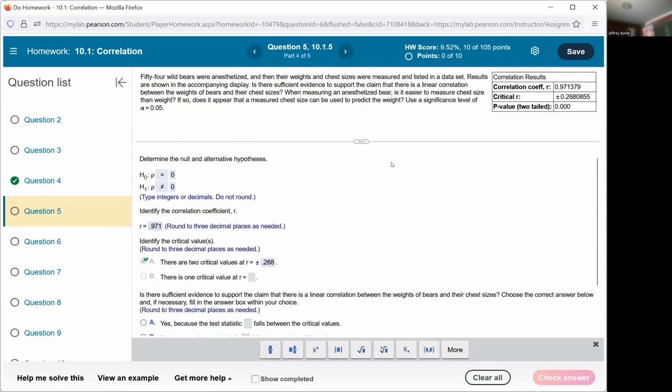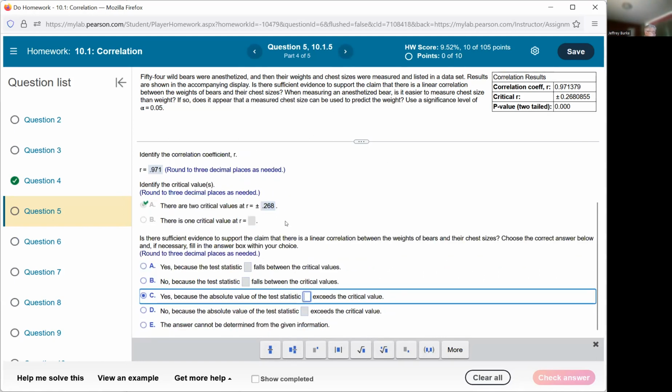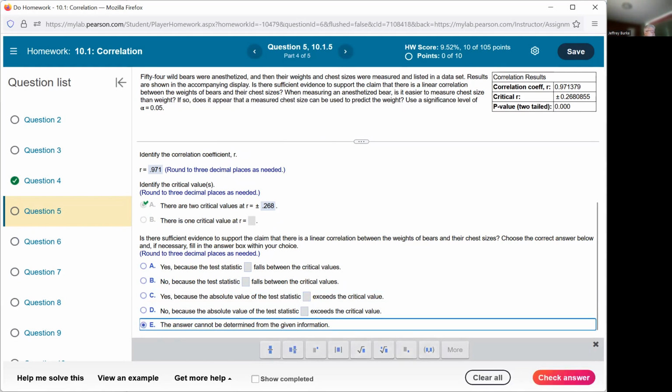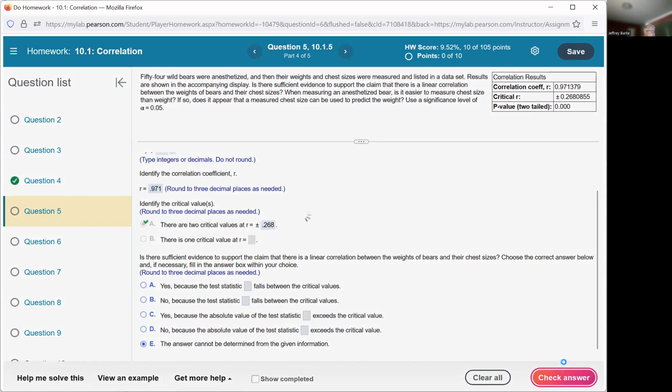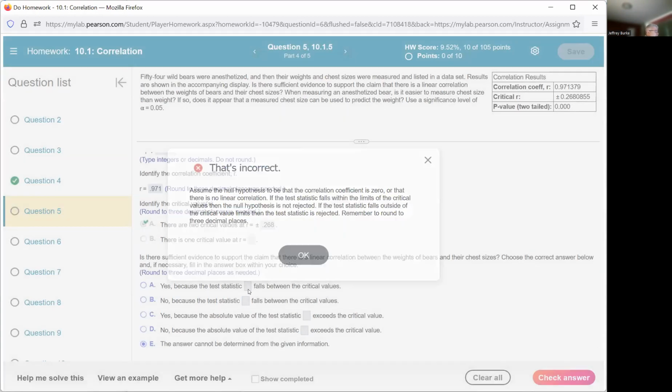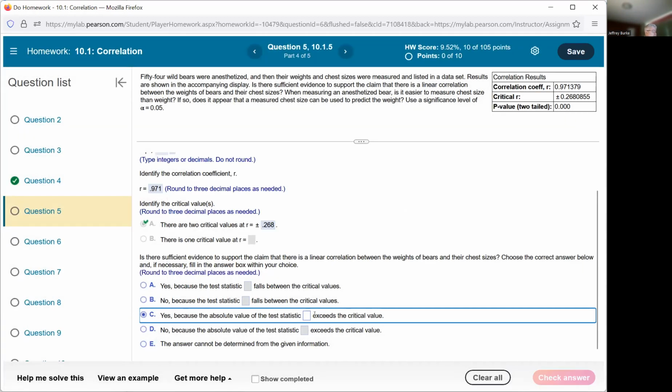They do give us a p-value, but they don't give us the test statistic. So I wonder if the answer cannot be determined based on the information here. Let's see if that's the case. Yeah, that's right, but I don't know what the number is going to be.